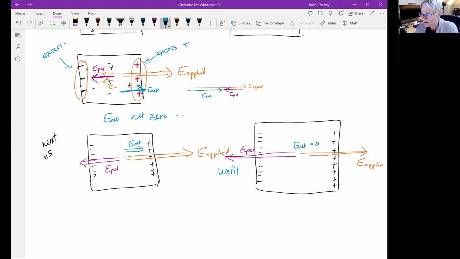And after that, there is suddenly no force on these charged sodium ions and chloride ions, and so they drift to a stop.